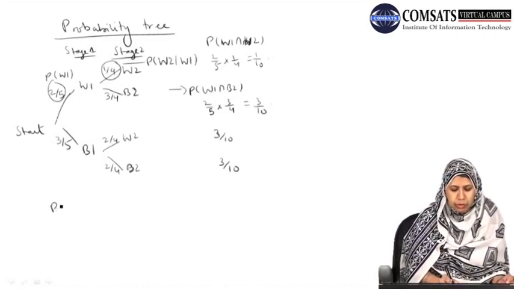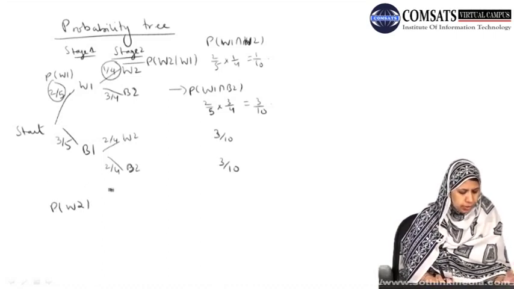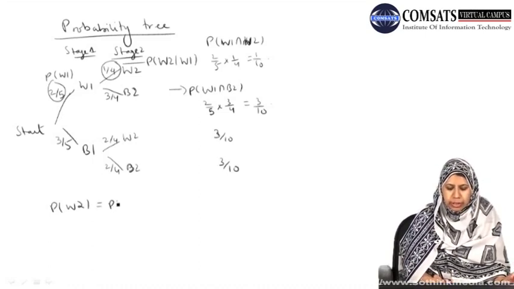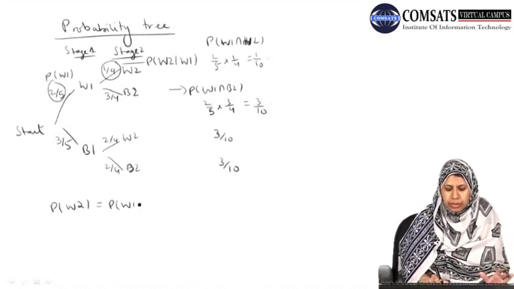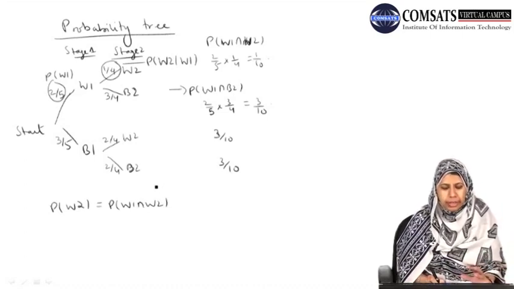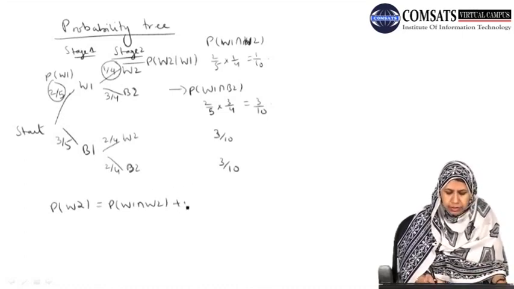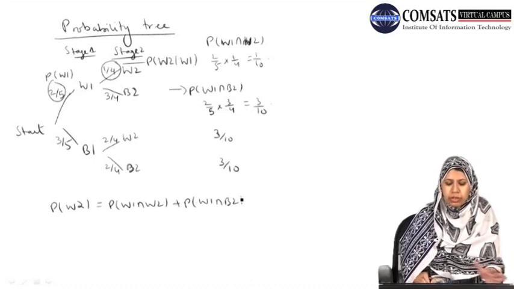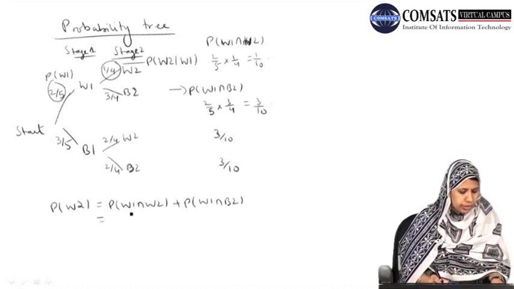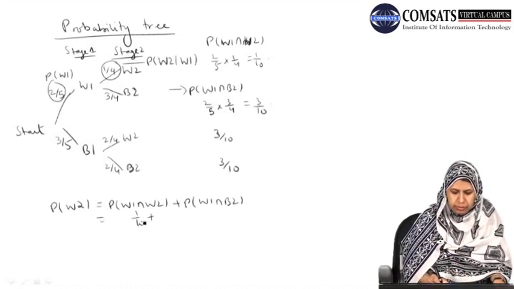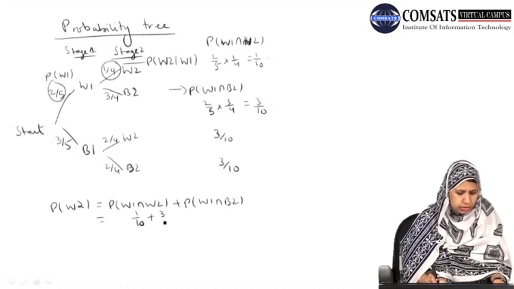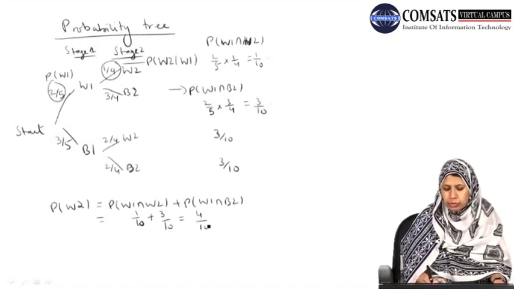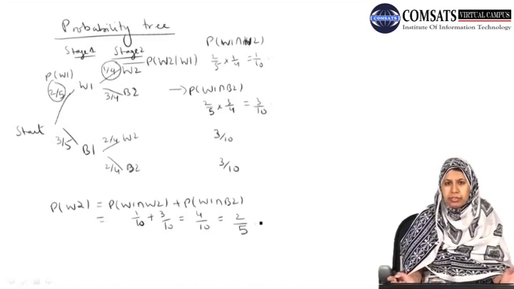So the probability of obtaining a white ball on the second draw will be the probability of the joint event, white ball on the first draw and white ball on the second draw, plus the probability of a white ball on the first draw and a blue ball on the second draw, which is equal to 1 by 10 plus 3 by 10, which is equal to 4 by 10, which is equal to 2 by 5.